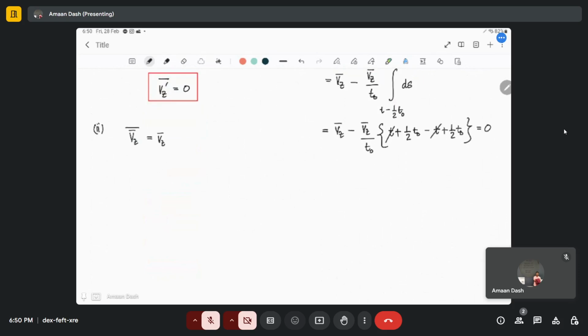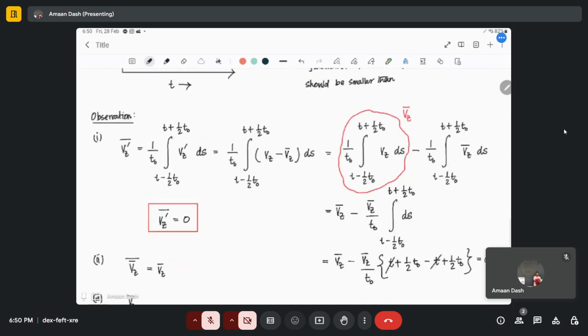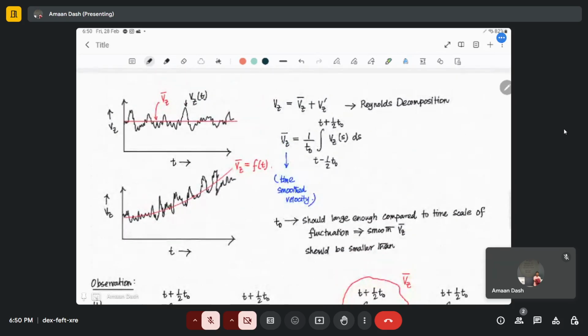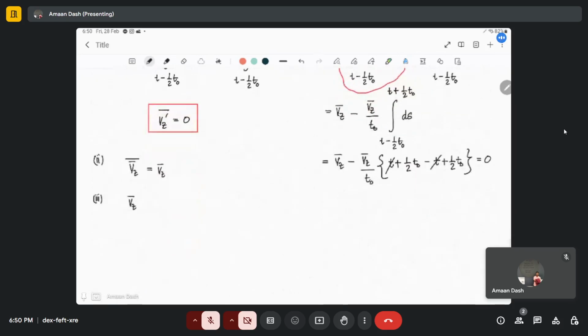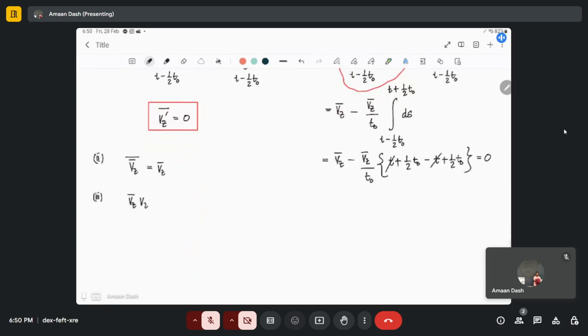Similarly, if we take Vz bar, the time smooth velocity, multiply it with the fluctuating component Vz prime, and then take the average, it will be equal to 0.